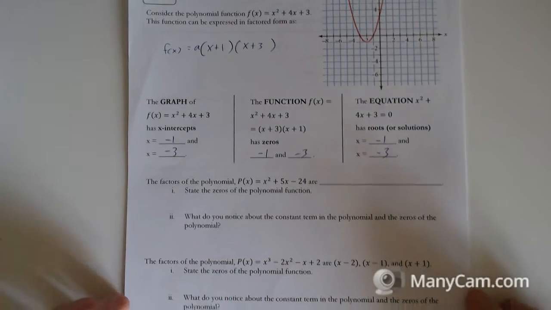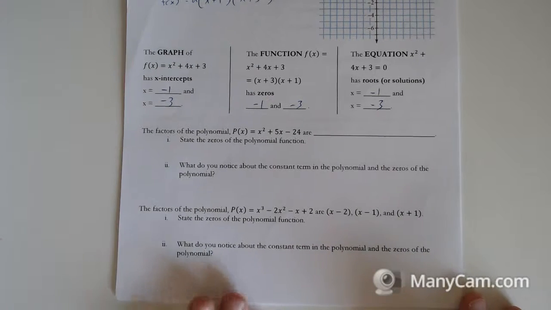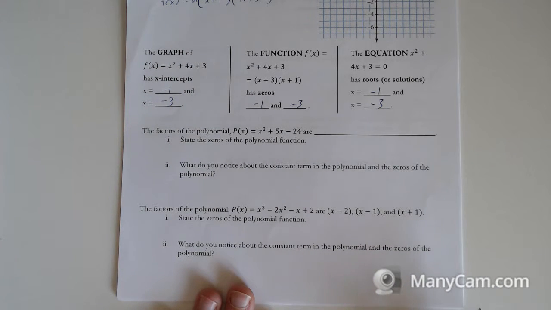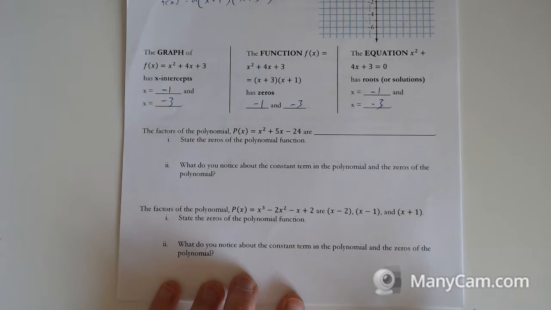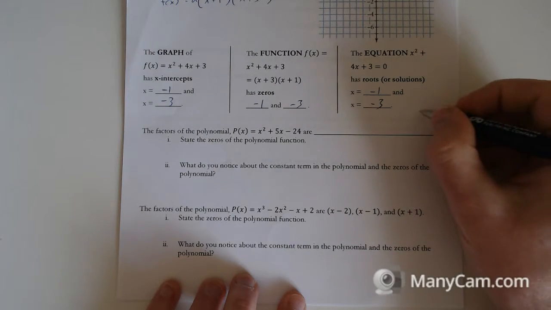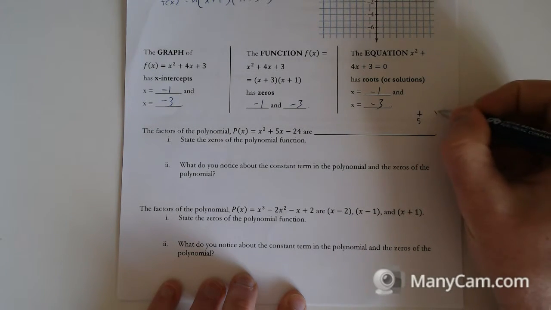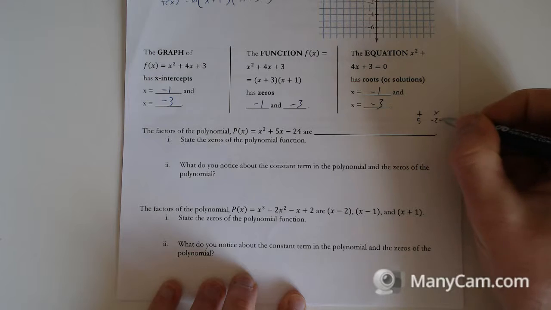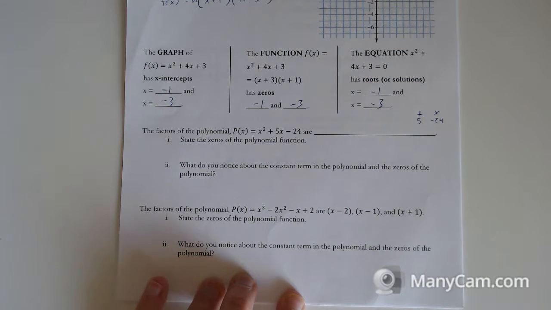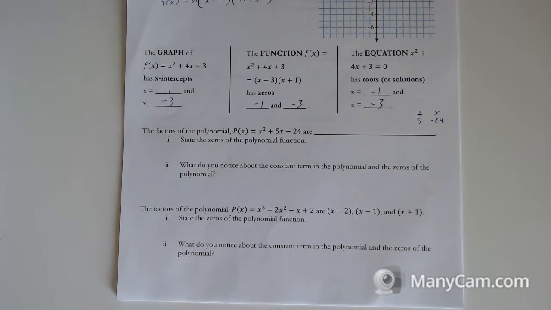So we have all the language. Okay, the factors of a polynomial, x squared plus 5x minus 24, are what? Okay, so we need to add to 5, multiply to -24. So two numbers that are 5 apart. Let's see, I should get my calculator.